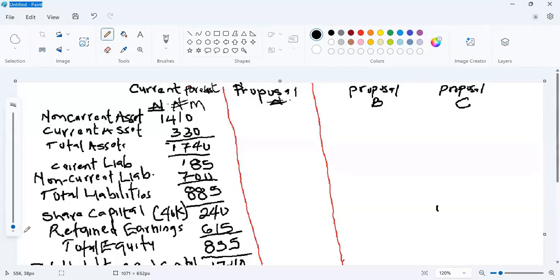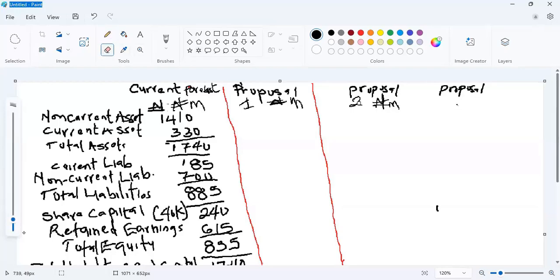In million, this is proposal 1, proposal 2, and proposal 3.